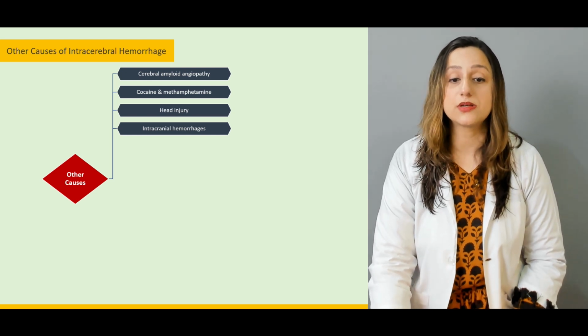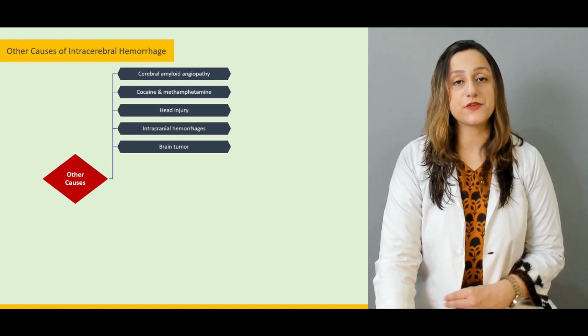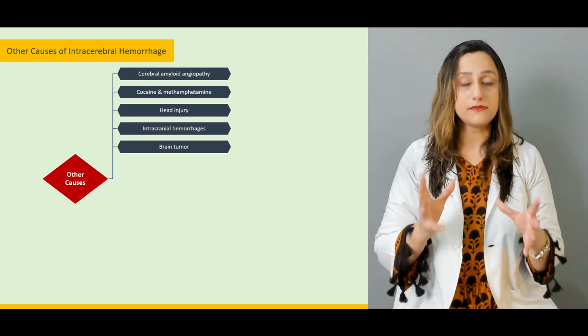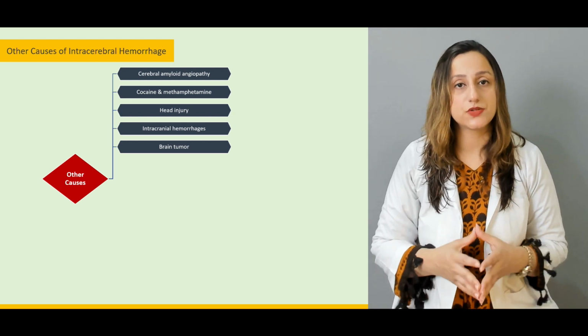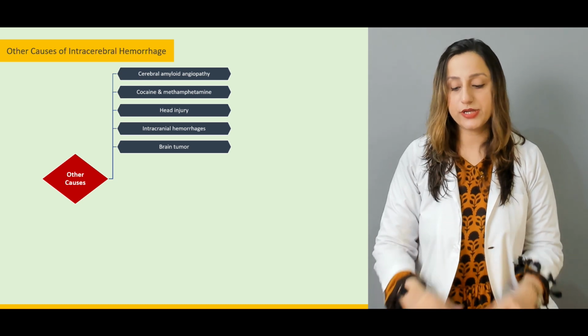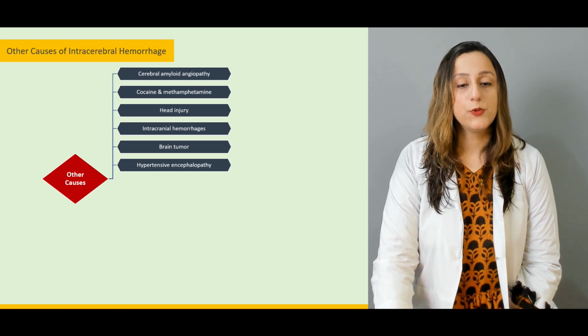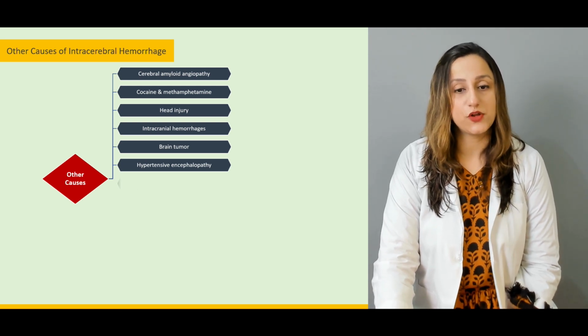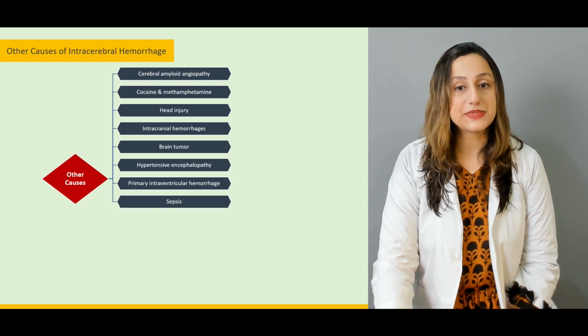We have brain tumors, specifically metastasizing brain tumors from other areas; for instance, renal cell carcinomas and thyroid carcinomas can metastasize to the brain. We can have hypertensive encephalopathies, primary intraventricular hemorrhages, and sepsis.